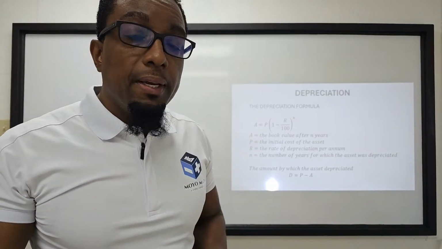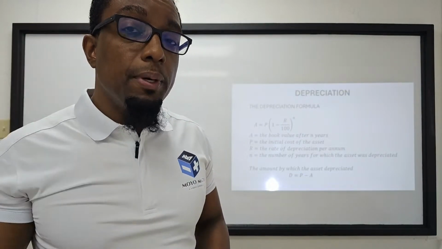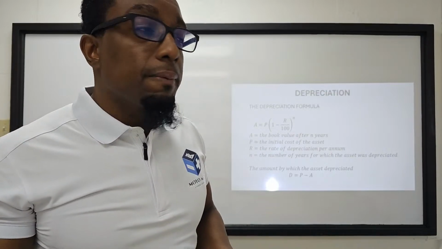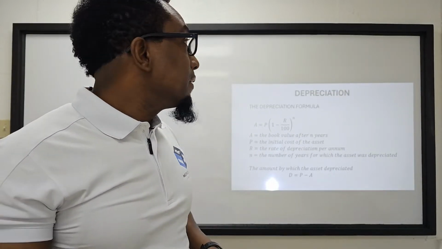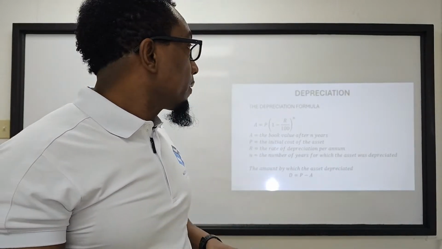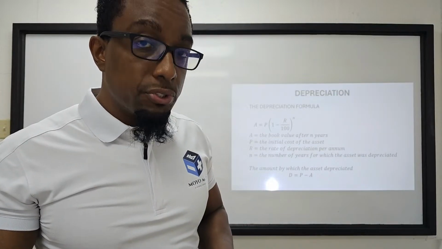For example, a car normally will depreciate because when you purchase that car from the showroom and you drive out onto the streets, that car will immediately undergo wear and tear, and therefore it will depreciate in value. Okay, so the value will be decreased.